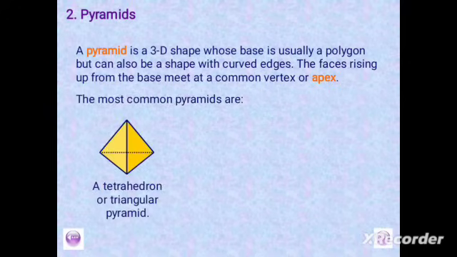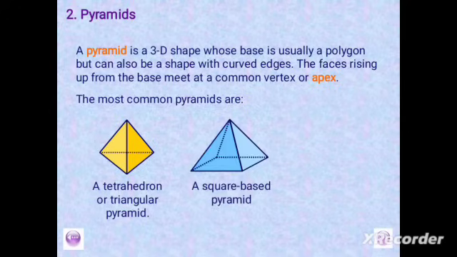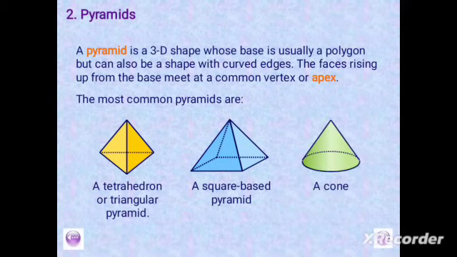We have examples of various pyramids. We have a tetrahedron or triangular pyramid, we have a square based pyramid, and we have a cone.